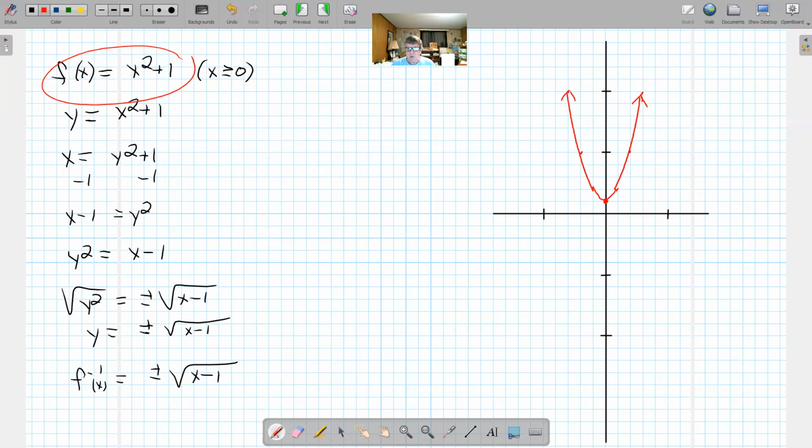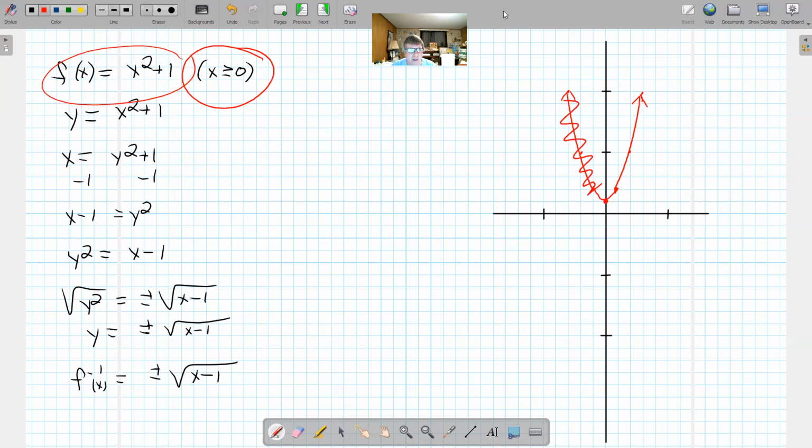Well, what's the problem with that? It's not a one-to-one function. It would fail the horizontal line test. But there's a restriction applied to that function. It says x is greater than or equal to 0. So by restricting the domain on this function, we're getting rid of this piece, okay?